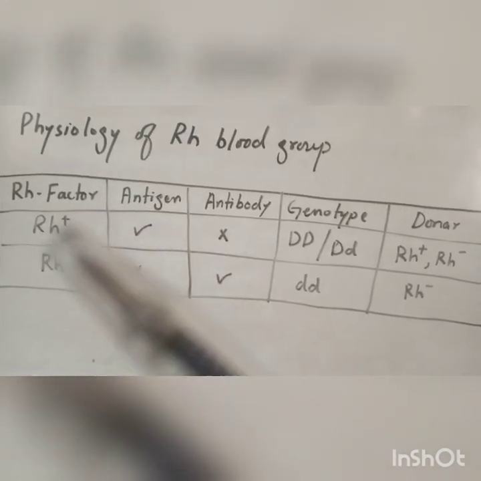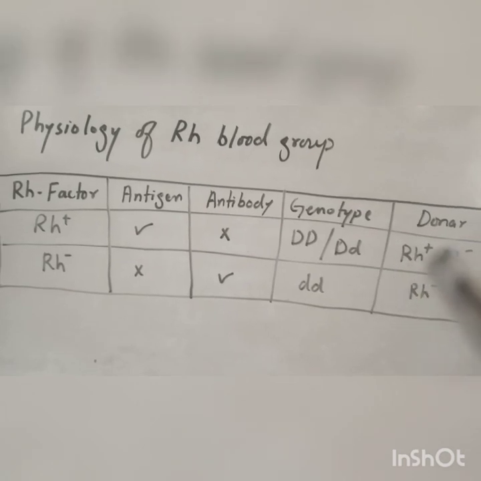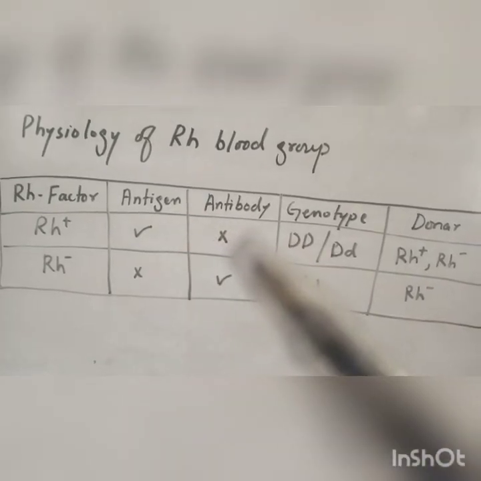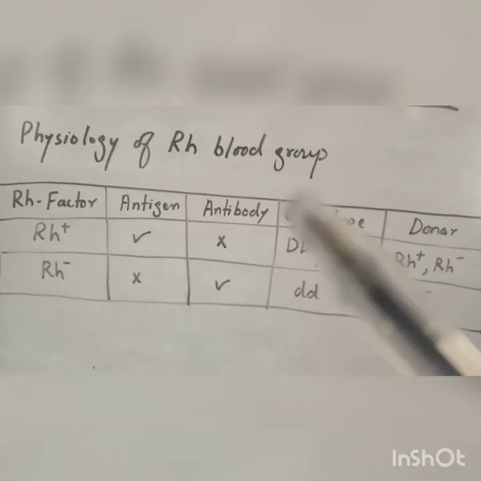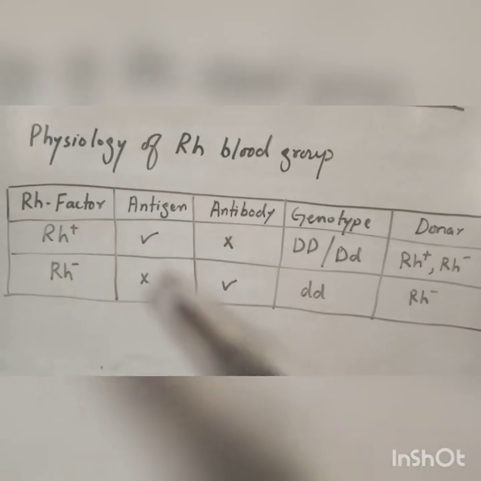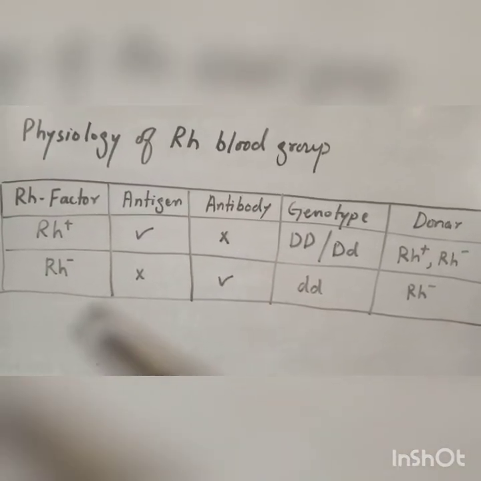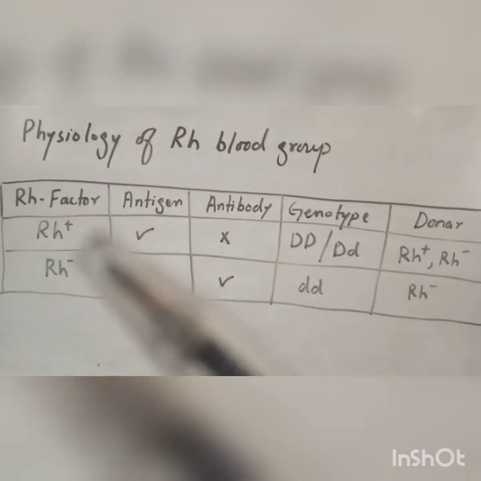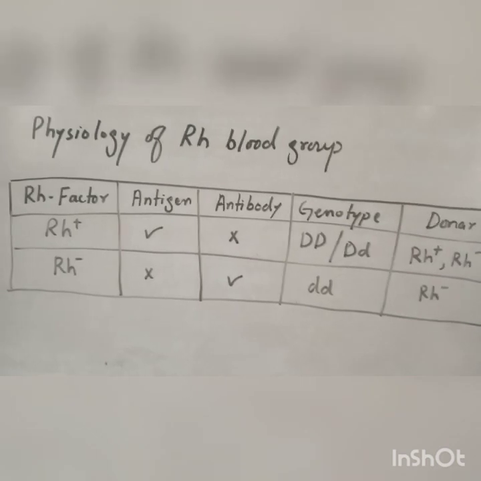And for Rh positive, we can transfuse both the groups because no antibodies are present. On Rh negative there is no antigen, so the antibody-antigen reaction will not take place. So here we can transfuse Rh negative as well as positive to the positive blood group, while only negative to the negative one.